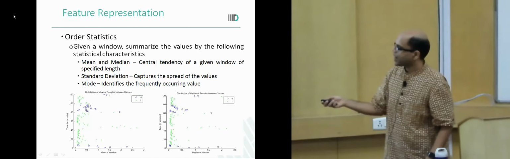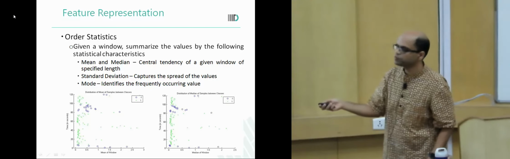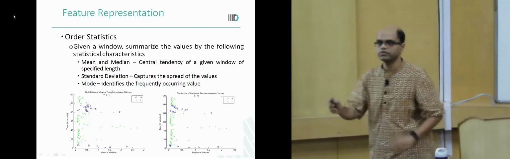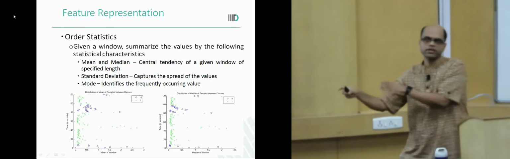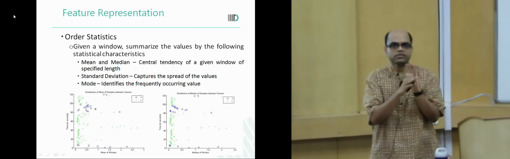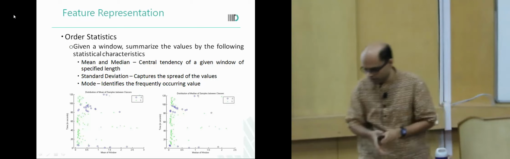Ideally we would want this blue to be different in terms of mean, and this green to be different. But as you can see, I see these mean values in green also, and I see these mean values in blue also, and vice versa. So when we took mean and median, and we also tried mode, which I'm not showing here, we didn't see a clear demarcation of activities visually. And this also came out to be true when we trained the classifiers.